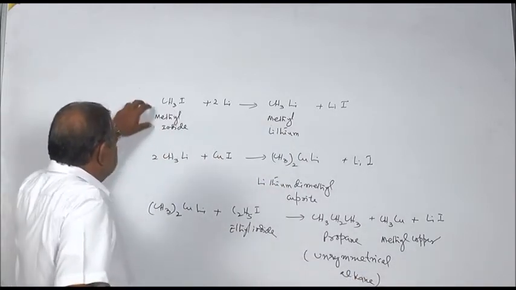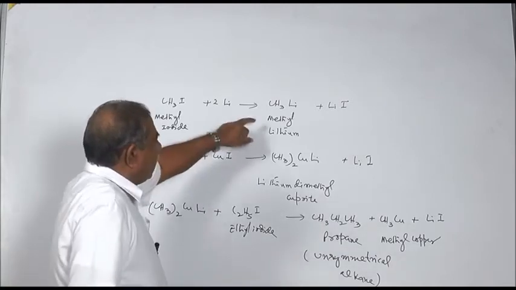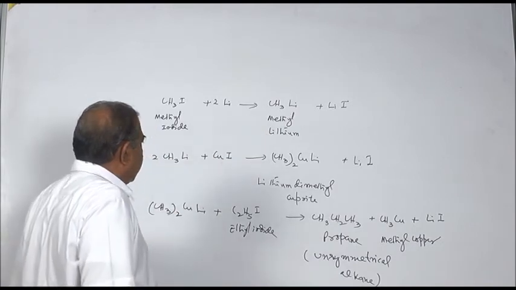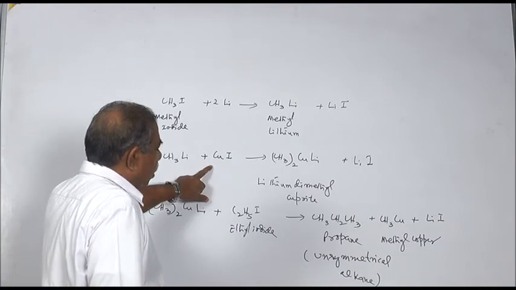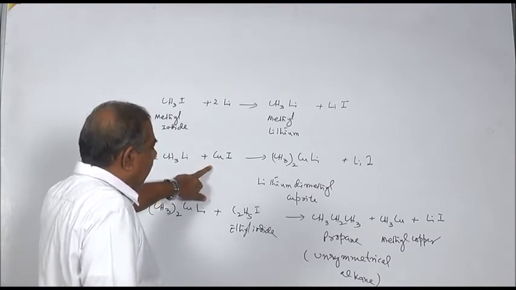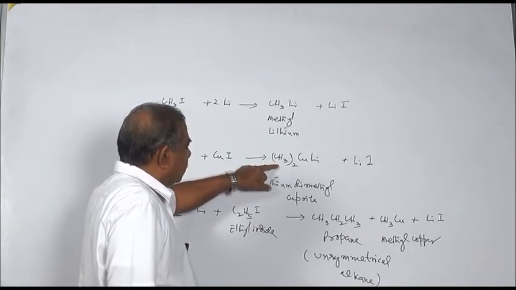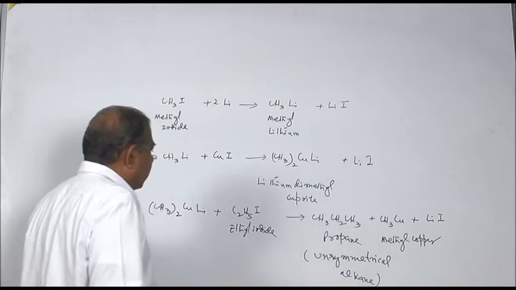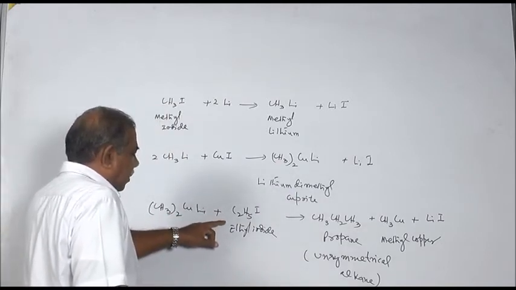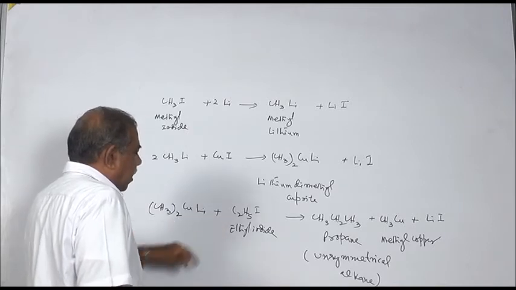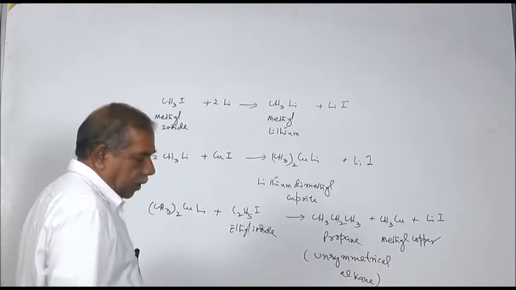One alkyl iodide reacts with lithium to form alkyl lithium; here you get methyl lithium. That alkyl lithium reacts with cuprous iodide to form lithium dialkyl cuprite; here it is lithium dimethyl cuprite, where the alkyl group is methyl. That lithium dialkyl cuprite again reacts with another molecule of alkyl iodide. Here I have taken ethyl iodide, and you get propane, which is an unsymmetrical alkane.